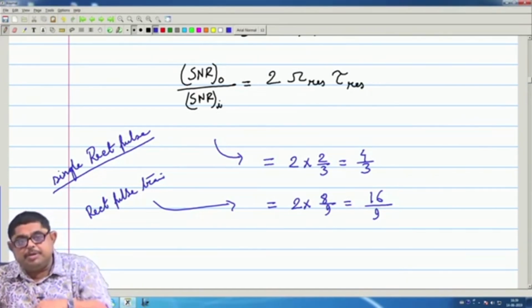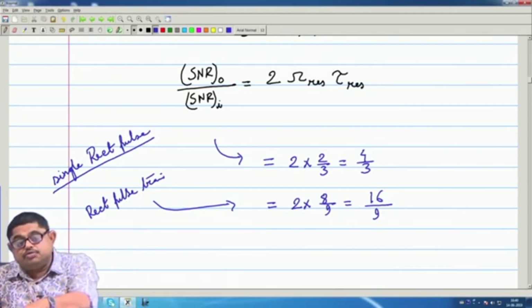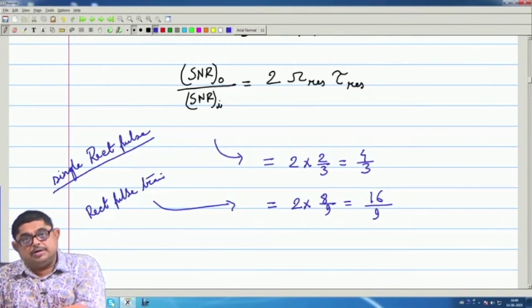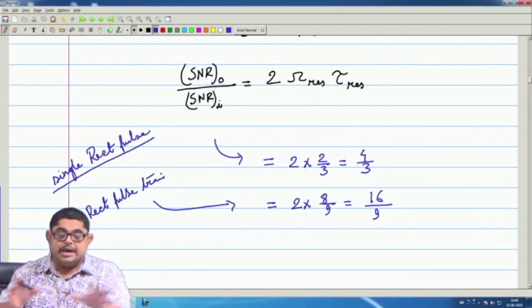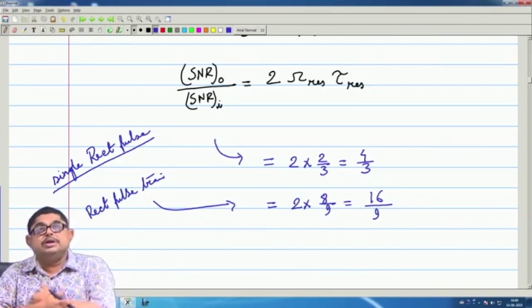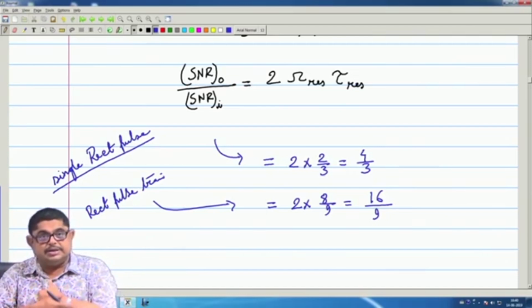We should be able to make this omega resolution smaller, and that should not affect the tau resolution. But that is not possible in these scenarios, if we use rectangular pulses or pulse trains etcetera.